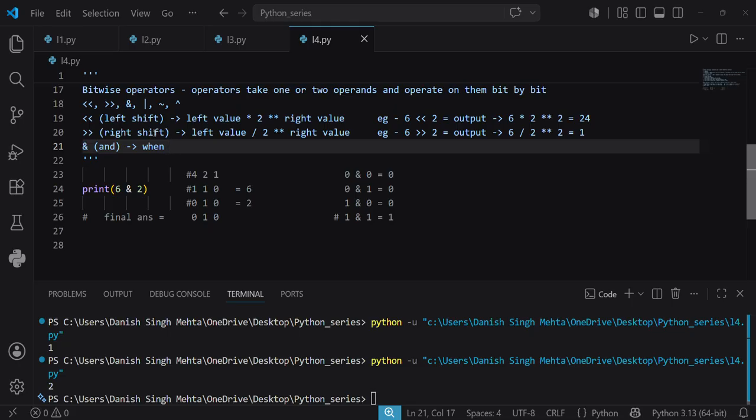So from the two values, what can be the definition?